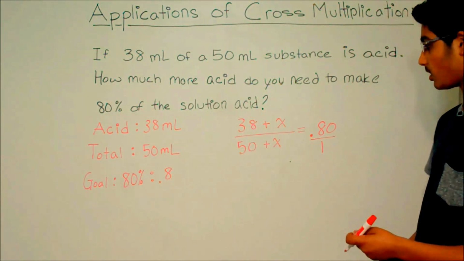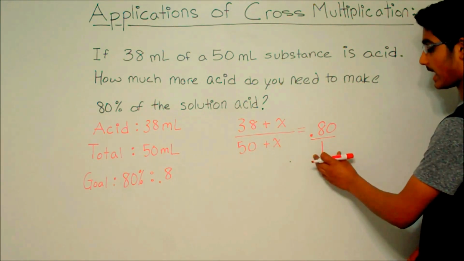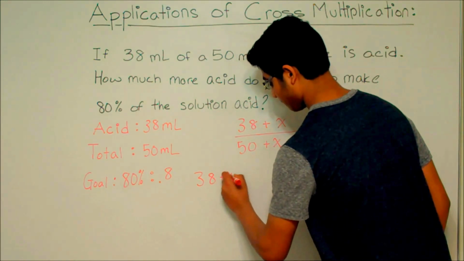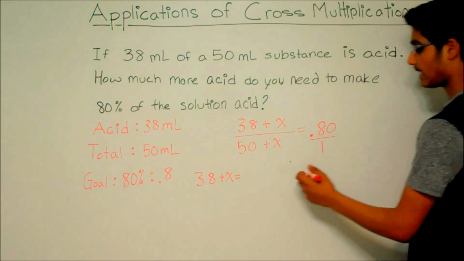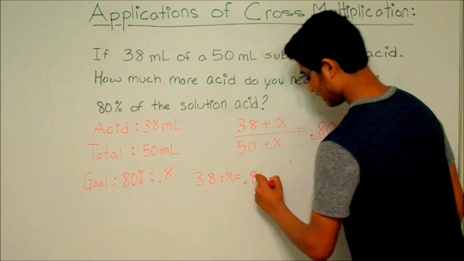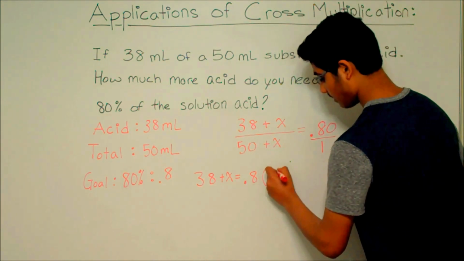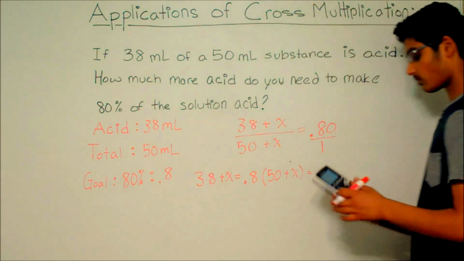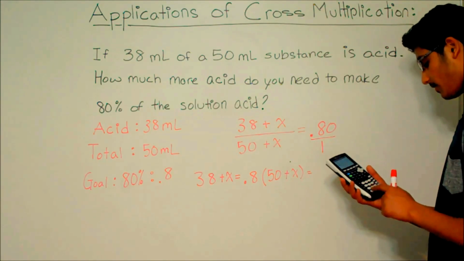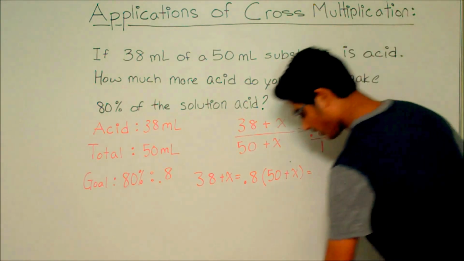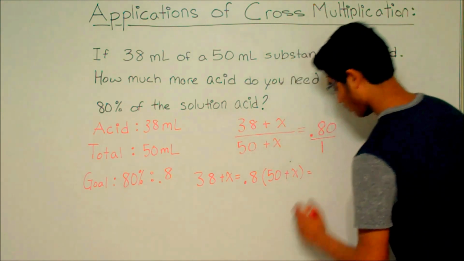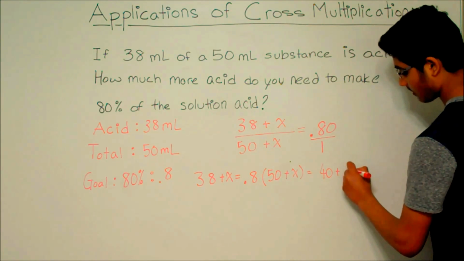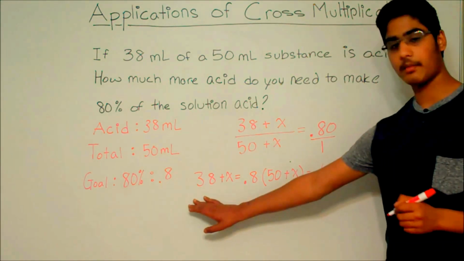So now we have to cross multiply. 38 plus X times 1 is 38 plus X, and that is equal to 0.8 times 50 plus X. 0.8 times 50 is equal to 40. So 40 plus 0.8x is equal to 38 plus x.